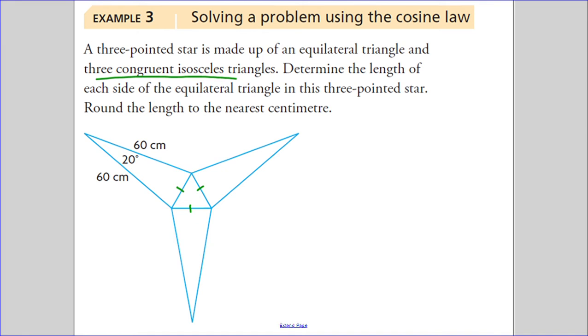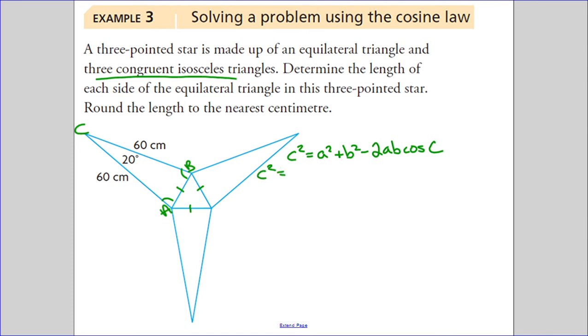So again, it's giving me one triangle to kind of solve for here, and I need to find its missing side. So let's make this C, and then we can make this A and this B, and then it really doesn't matter which one we pick for A and B. It's an isosceles triangle. They're going to share the same angle and the same side. So let's set up our formula. So C squared is equal to A squared plus B squared minus 2AB times the cosine of C. And I have some pretty familiar numbers here because I'm going to have a few duplicates.